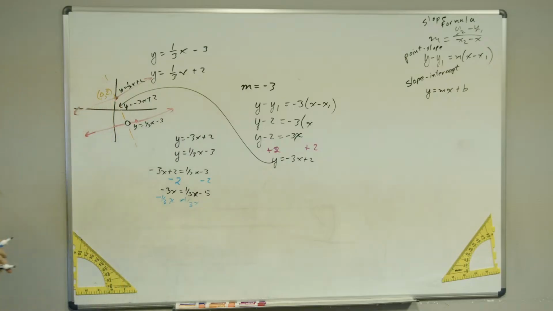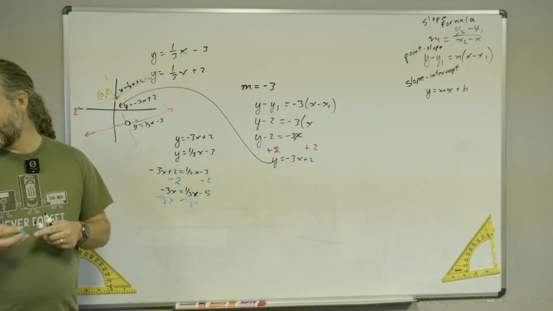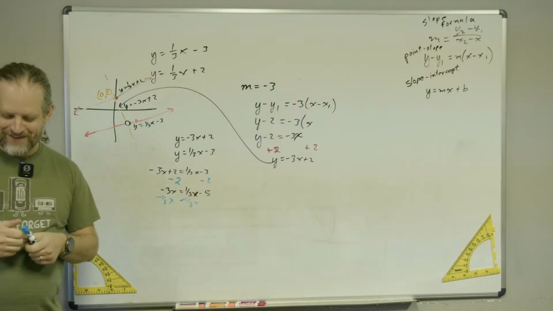Okay, so what's negative 3 minus 1/3? No, it's definitely not 1. Your calculator will do that, even if your brain is sluggish, right?